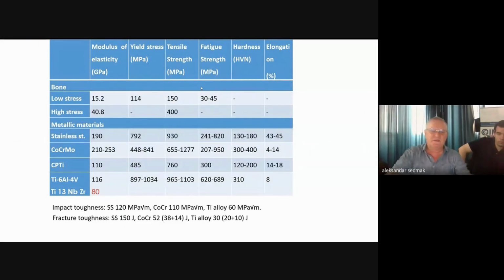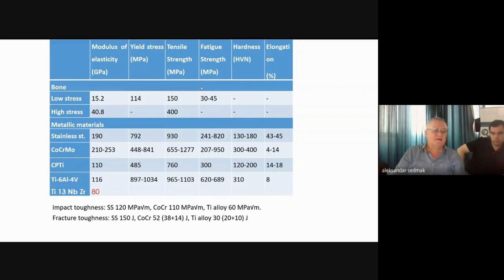Actually, it's out of the table. Some basic data about impact and fracture toughness for these three types of alloys. You can see for impact toughness that stainless steel and cobalt-based alloys are superior to titanium alloy. Nevertheless, impact toughness of titanium alloy is good enough.